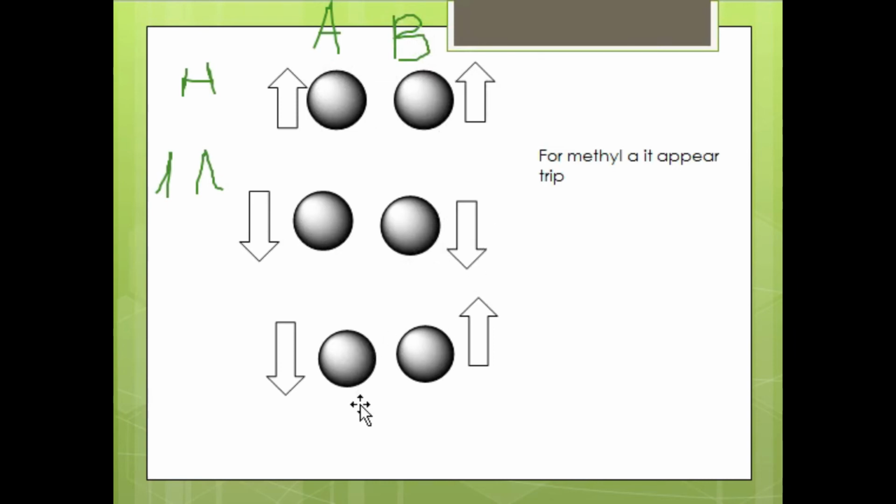And one possibility is that A is in the downfield and B is in the upfield, I mean the up direction and the down direction. One more possibility that I did not write here is that B is present in the down magnetic field region and A is present in the upfield in the magnetic field.